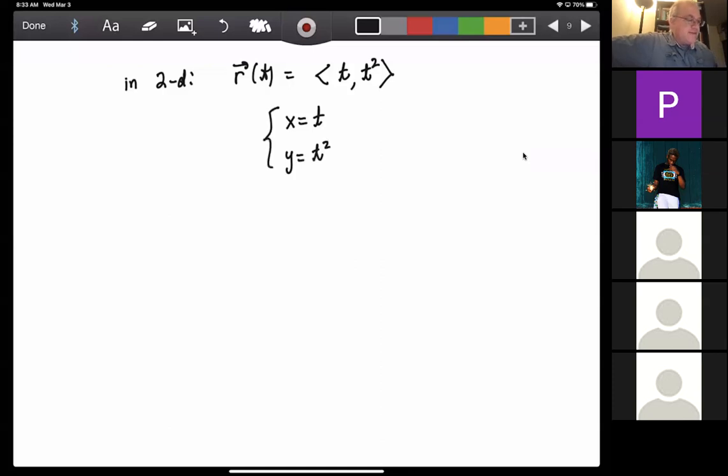And I haven't specified a domain explicitly, so understood is that I will choose my domain to be as large as possible. If I think about the function t, that's something I can evaluate for all real t. Same thing for t squared. So I can say my domain is going to be t goes from minus infinity to infinity, if it's not otherwise specified.